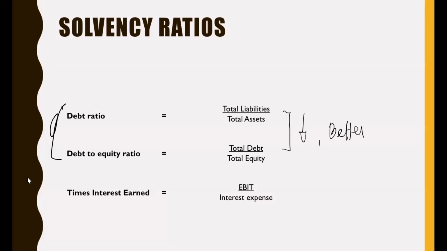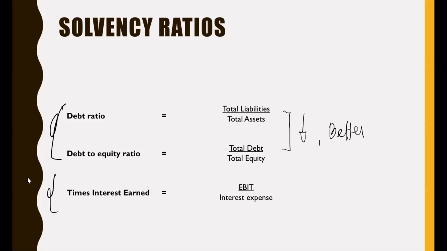Okay, but for times interest earned, it measures the ability. So for debt ratio and debt to equity ratio, it measures the components or how our total assets are being financed.